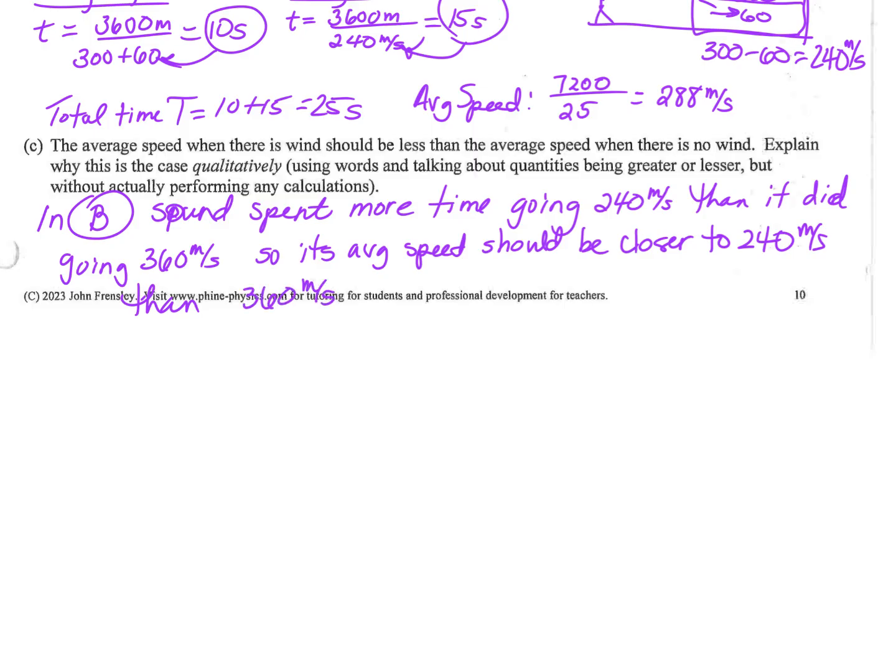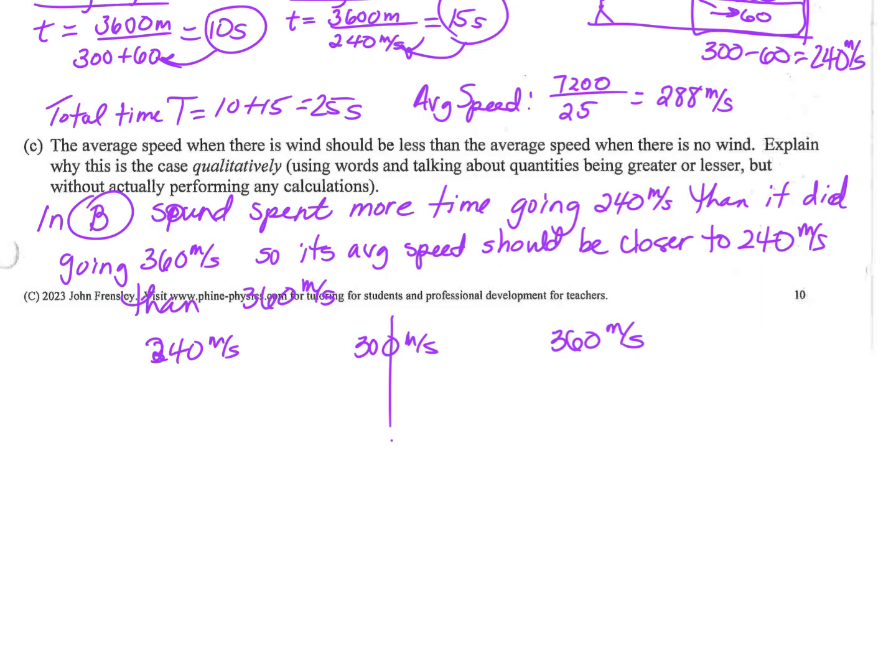What's halfway between 240 and 360? That's 300. So if you've got 240 here, you've got 300 in the middle, and you've got 360 meters per second here. This is my average typically if there's no wind.